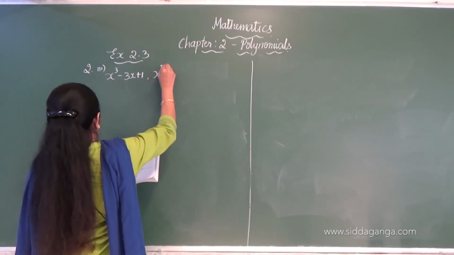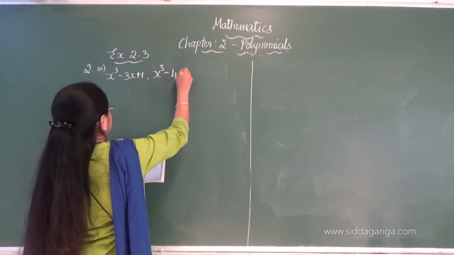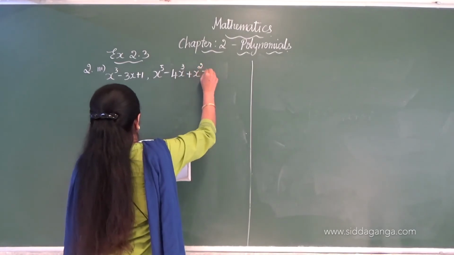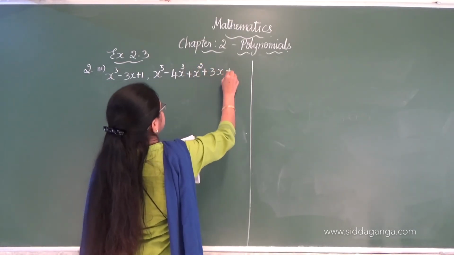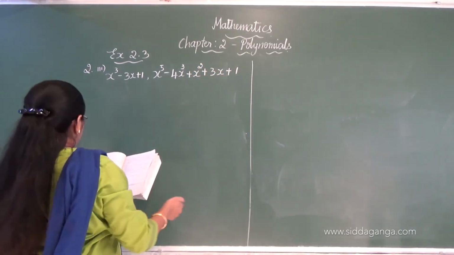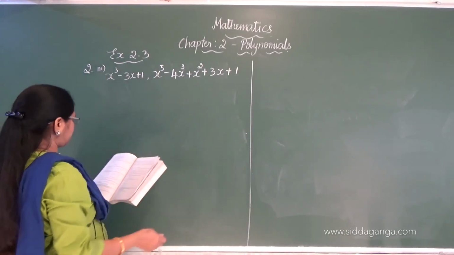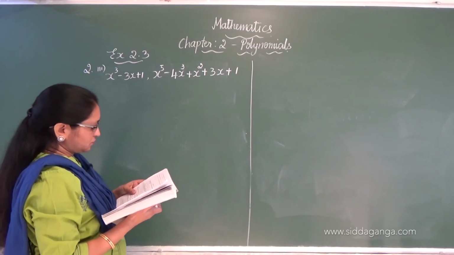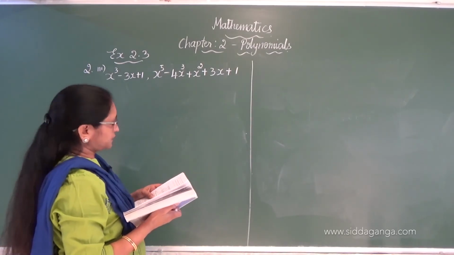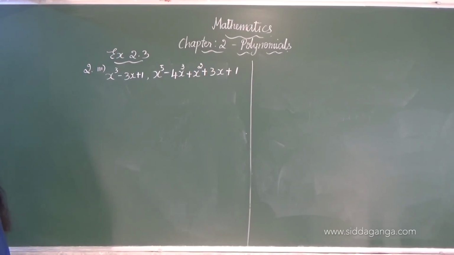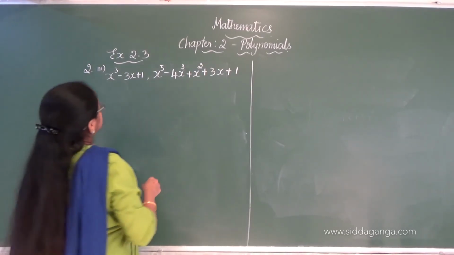x to the power of 5 minus 4x cube plus x square plus 3x plus 1. x cube minus 3x plus 1 and x to the power of 5 minus 4x cube plus x square plus 3x plus 1. Now try to solve this.